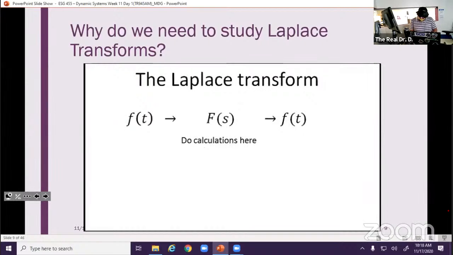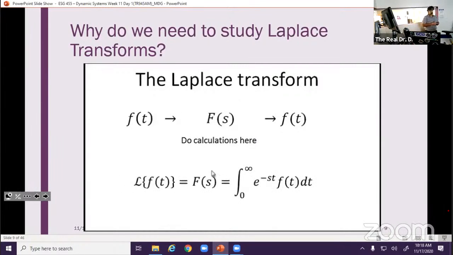So what do you need to do to transform a function, little f of t, from the time domain to a function capital F of s in the frequency domain? Well, little f of t and capital F of s are related as follows. Capital F of s is the integral from 0 to infinity of e to the negative st times our function little f of t dt.